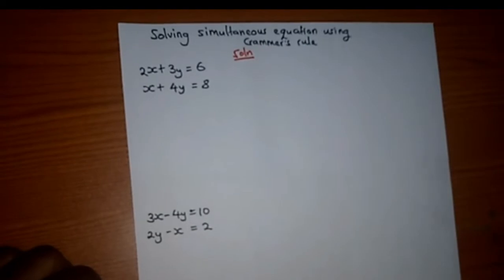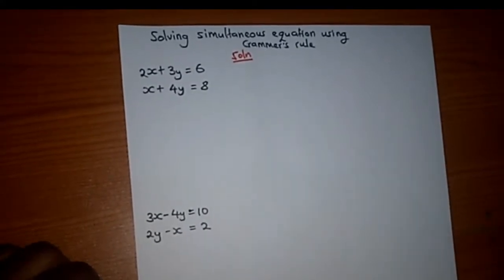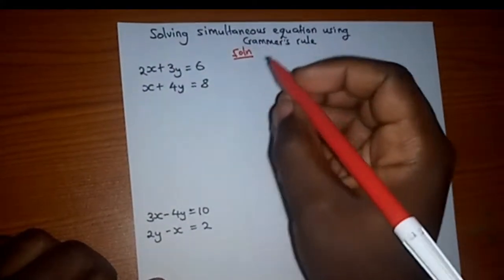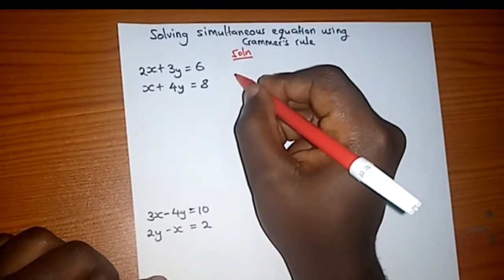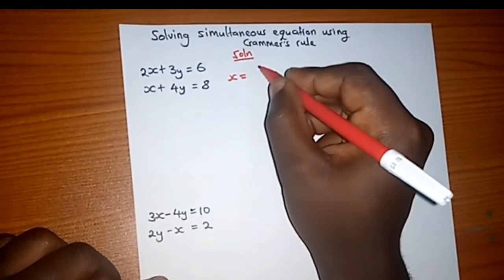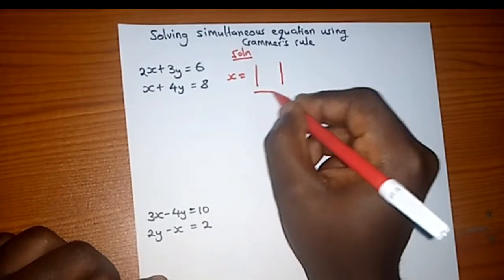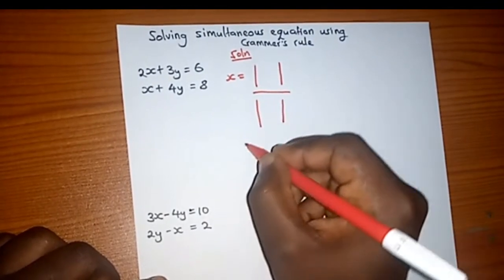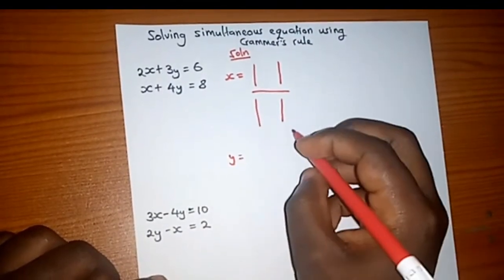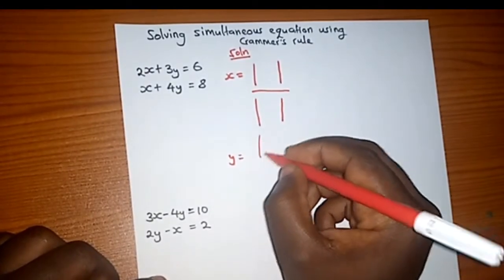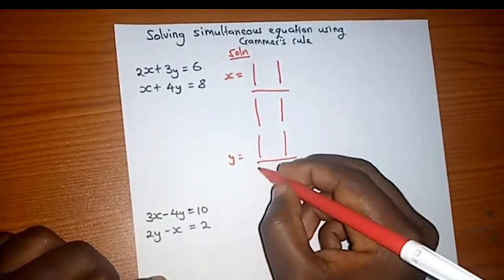So what you are going to do here is that you are going to first write x equals to the determinant out of the determinant, then my y equals to the determinant out of the determinant.